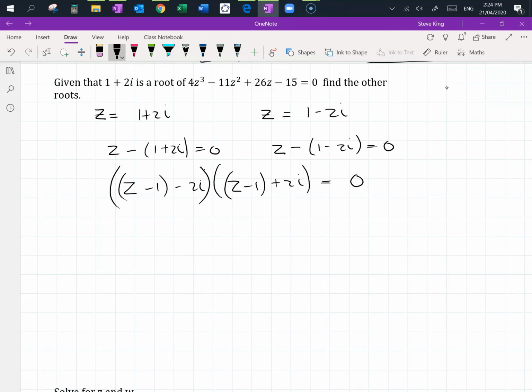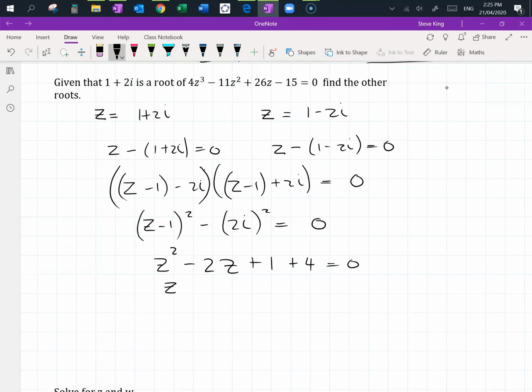That's a really useful construct to have, because I'm now going to get (z minus 1) all squared minus (2i) squared equals 0, in which case I've got z squared minus 2z plus 1 plus 4 equals 0. In other words, z squared minus 2z plus 5 equals 0. That would be the equation that gave me those two roots.